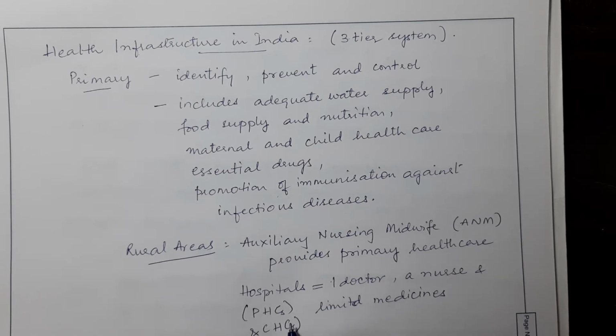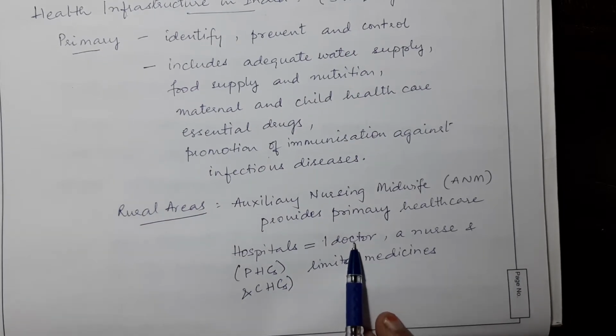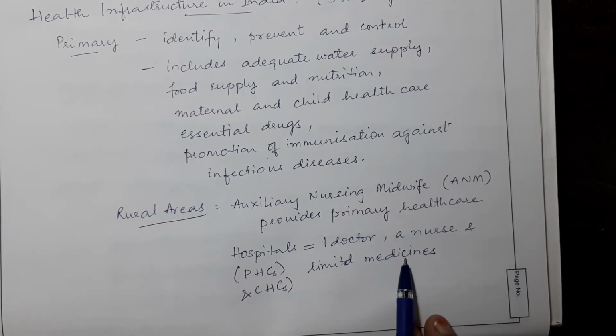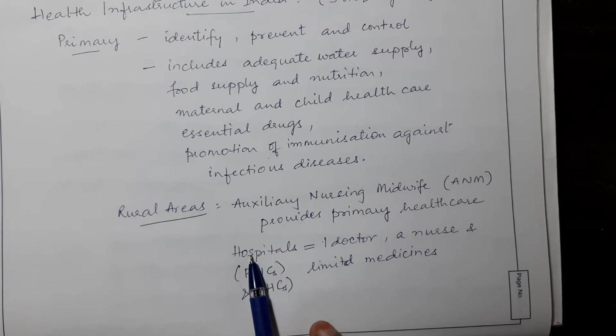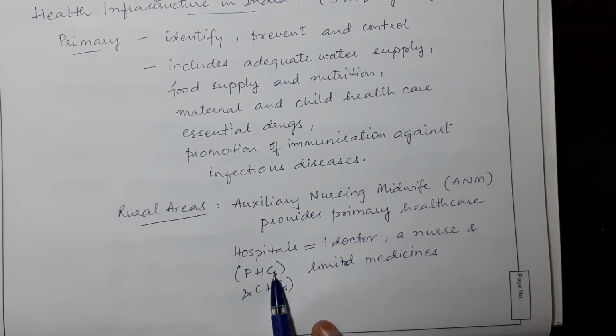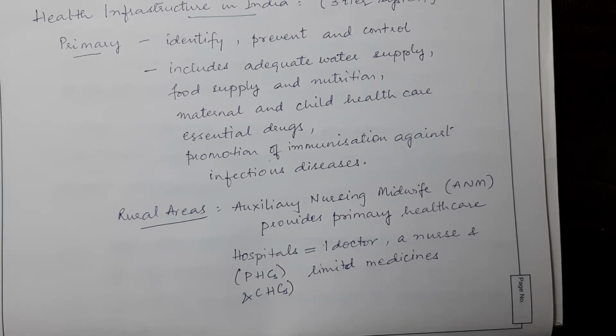In the rural areas, the hospitals that are available are appointed with one single doctor, a nurse, and some limited medicines. The hospitals in the rural areas are called as primary health centers or PHCs, and community health centers or CHCs, and of course the sub-centers.